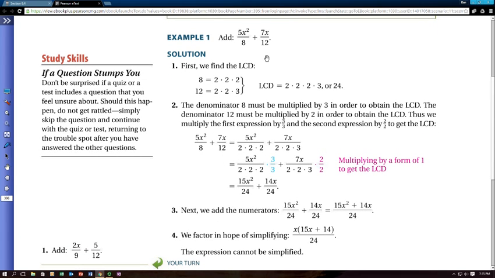It says add 5x squared over 8 plus 7x over 12. Well, they use prime factorization, and I think that's a very good thing to focus on, rather than, with 8 and 12, you might start thinking about listing multiples of 8 and multiples of 12 and very easily seeing that 24 is the common one that comes first, the lowest one, right?